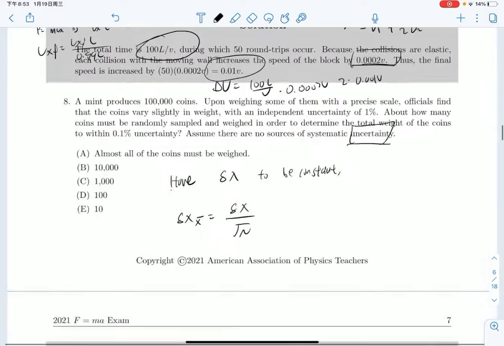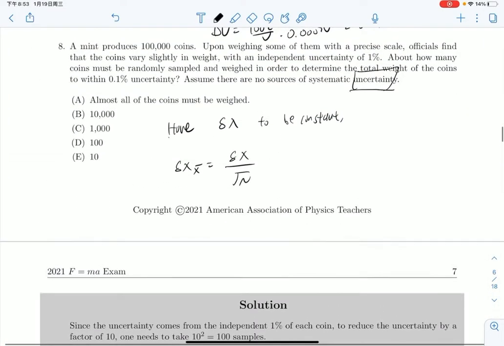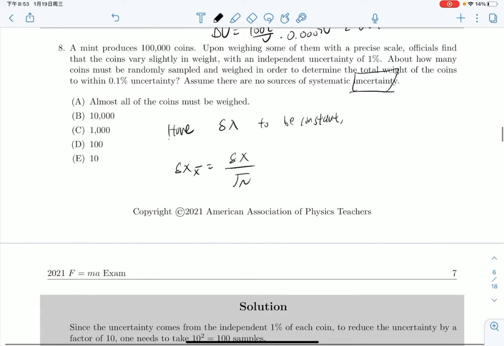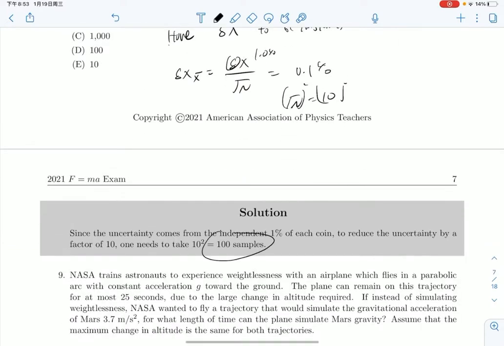So basically, if you plug in, you can see this term is equal to 0.1%, and this term is 1%. You can see square root of n is equal to 10, and square both sides, it will give the answer to be equal to 100.